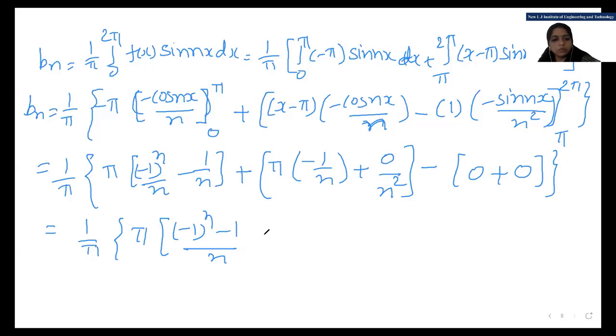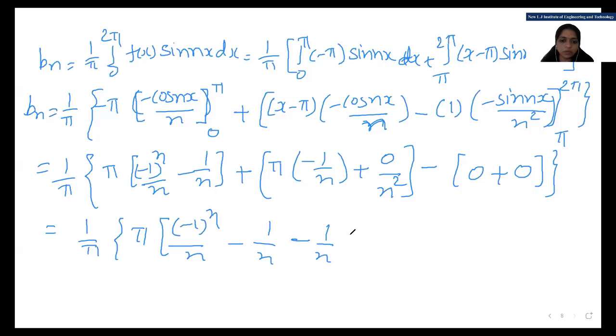I keep both terms different, so it is minus 1 raised to n upon n minus 1 upon n, and if I keep this pi as common here, then this is again minus 1 upon n, right? And the rest terms are 0.